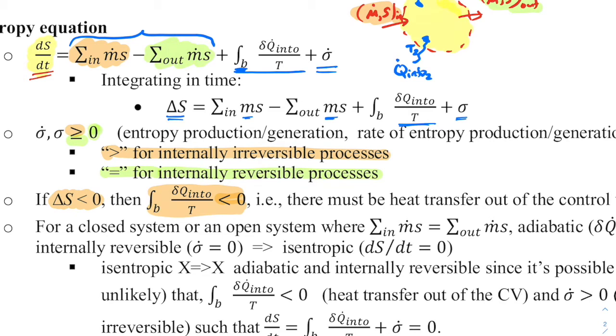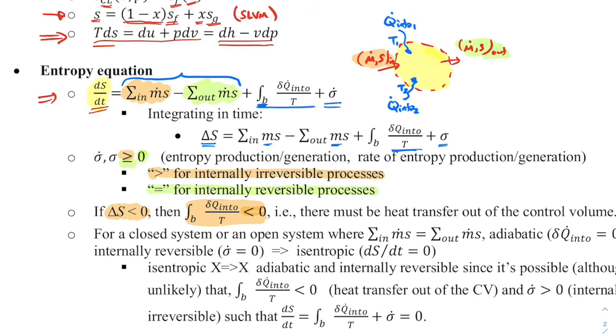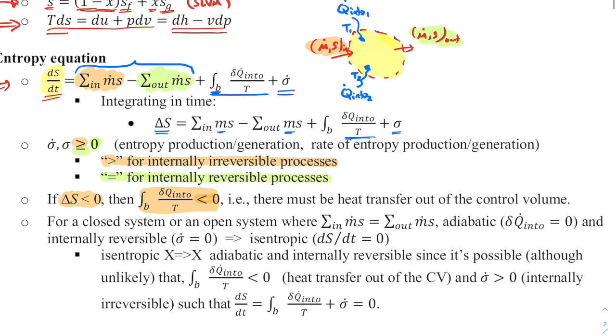So don't be alarmed if you see a change in entropy that's negative. It just means that heat transfer is going out rather than in. The thing that can't be negative is the entropy production, sigma. That one must always be positive or equal to 0. The entropy itself can be positive, negative, or 0. The only thing we have a restriction on is the entropy production.